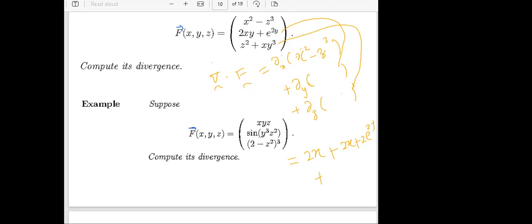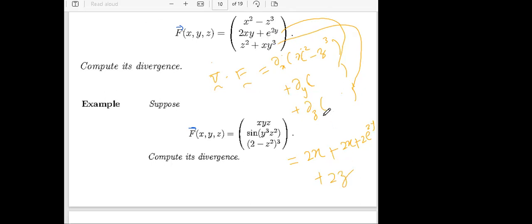And the last one, partial of this guy with respect to z, this becomes 2z here. And other term, there is no z term.